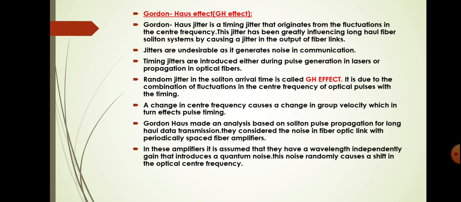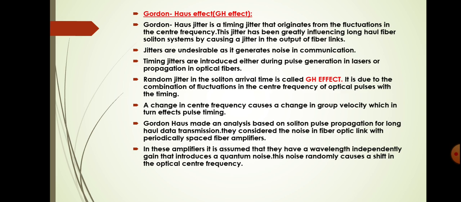Gordon-Hess actually made the analysis based on soliton pulses when they propagate through a long haul data transmission channel, and Gordon-Hess considered the noise in the fiber optic link with periodically spaced fiber amplifiers.